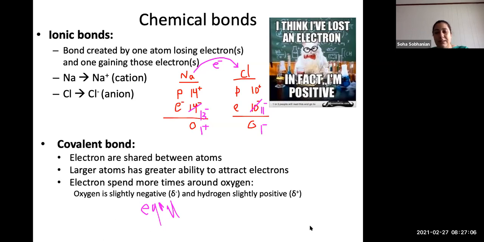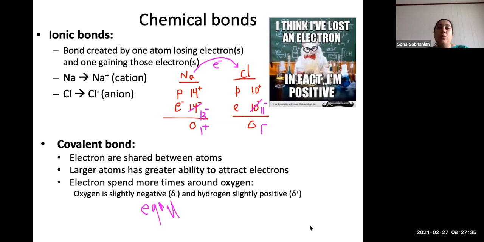Now, if you have unequal sharing of electrons, then that's referred to as a polar covalent bond. Again, these are exam questions, so make sure these make sense to you. So with unequal sharing, let's use the example of pizza again. One person takes a quarter of the pizza and the other one takes 3/4 of the pizza. That's uneven sharing, and that type of bond is called a polar covalent bond.